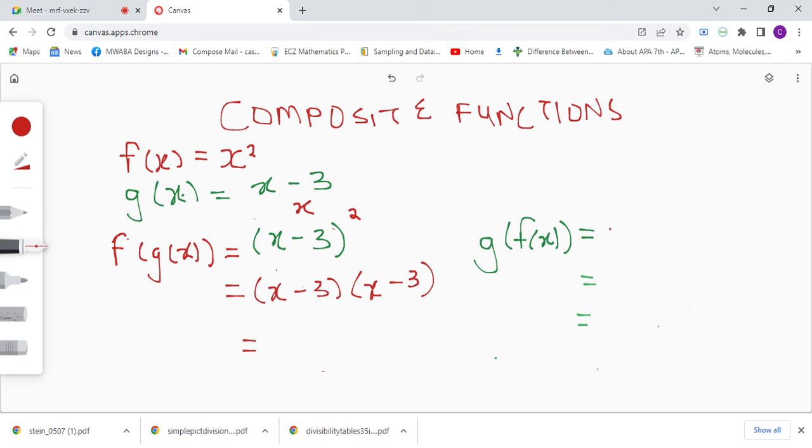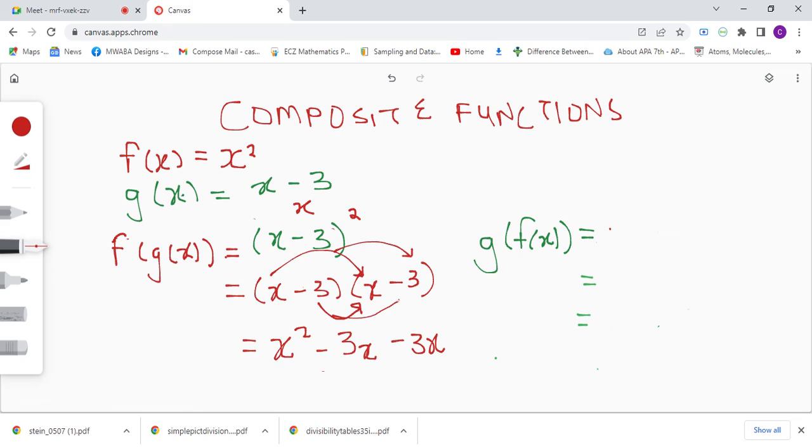x times x, that is x squared. x times negative 3, we get negative 3x. Then we say negative 3 times x, we get negative 3x.